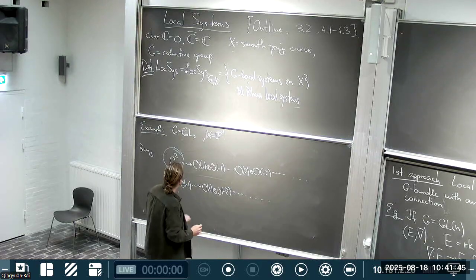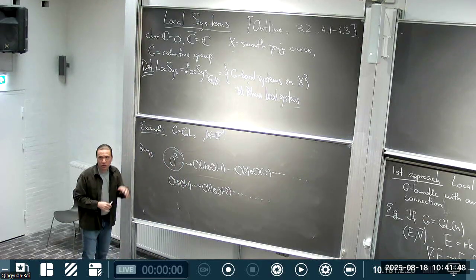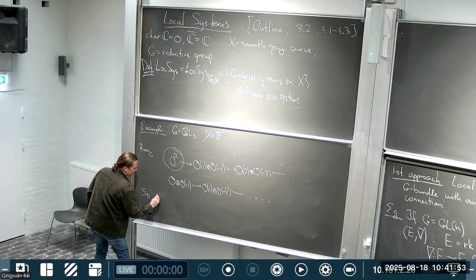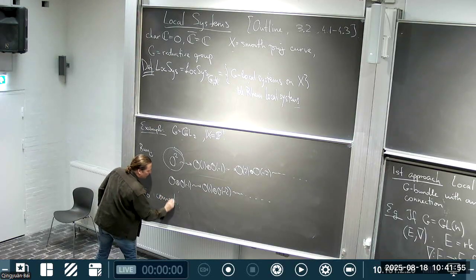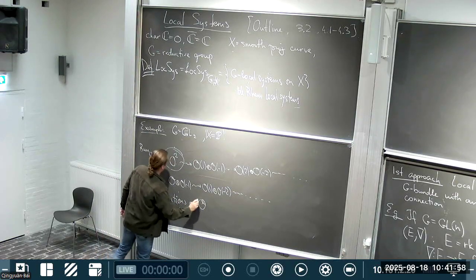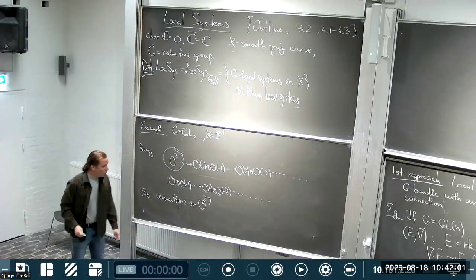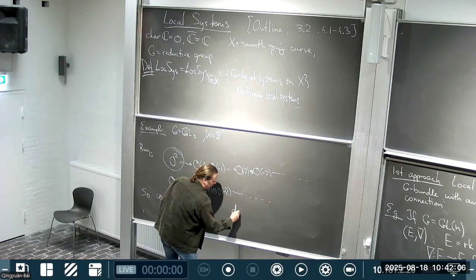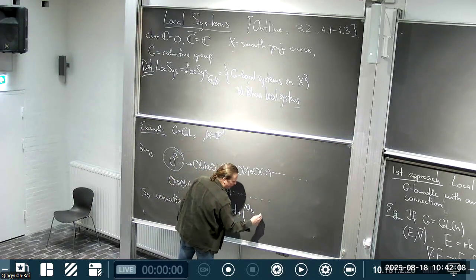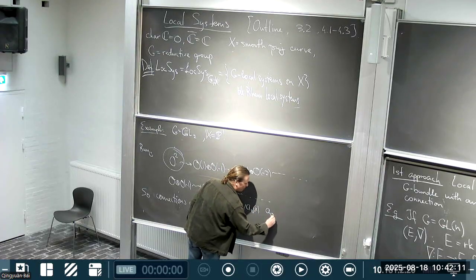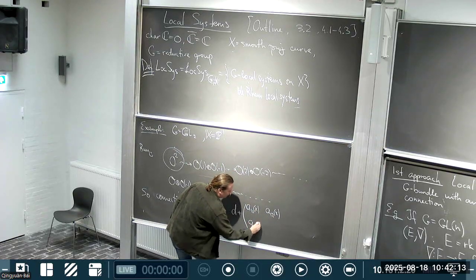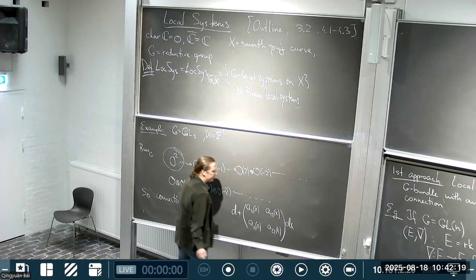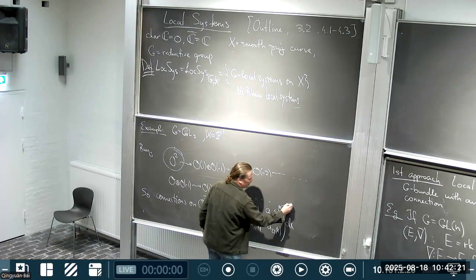Now, okay, so what are connections on the trivial bundle? It's a trivial vector bundle, so I can write the connection in a very classical way: A1(x), A2(x), dx, where I'm thinking of these expressions as polynomials.